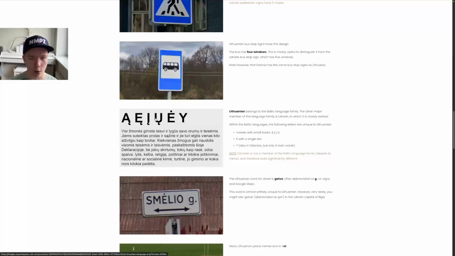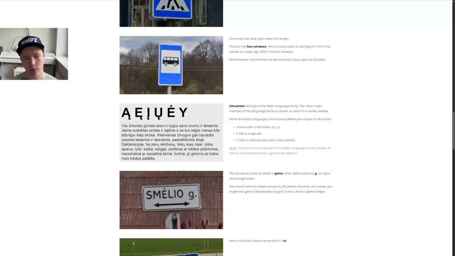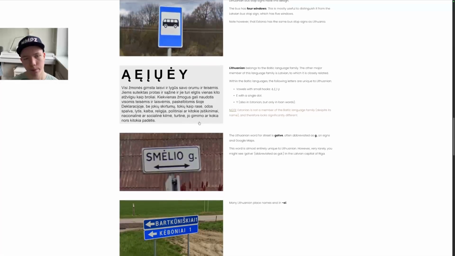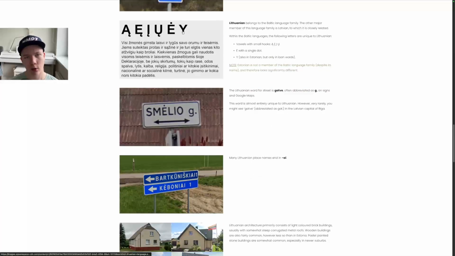Well, they're not completely unique, but in the Baltic languages they are. Yeah, in actual Estonian words you won't see the Y letter, but you can see it in some texts sometimes, but not in actual Estonian words as written here.